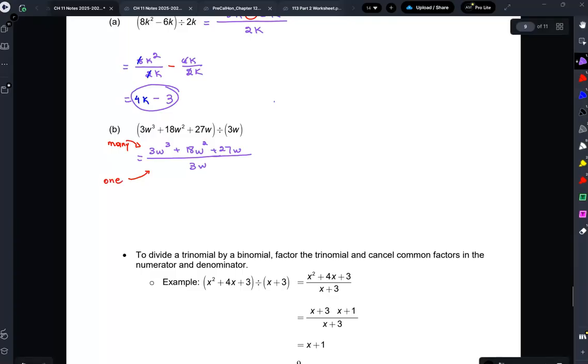That means I split. So here I'm going to get 3w cubed over 3w plus 18w squared over 3w, plus 27w over 3w. Okay? So each one of the things on top gets the 3w from the bottom.